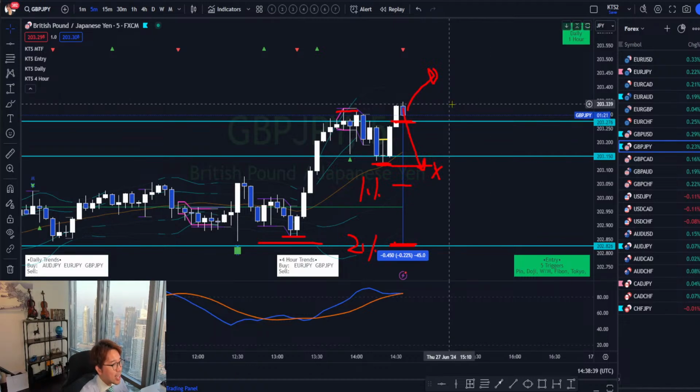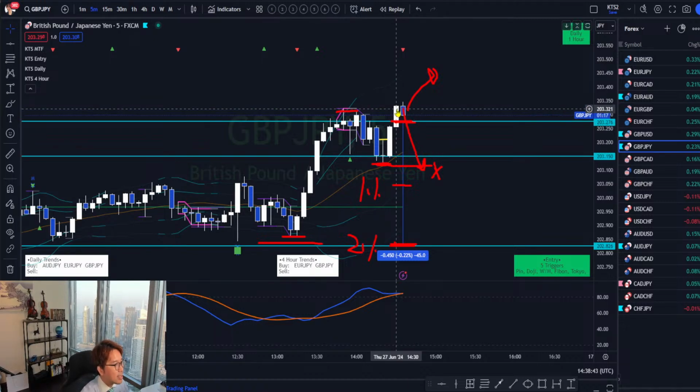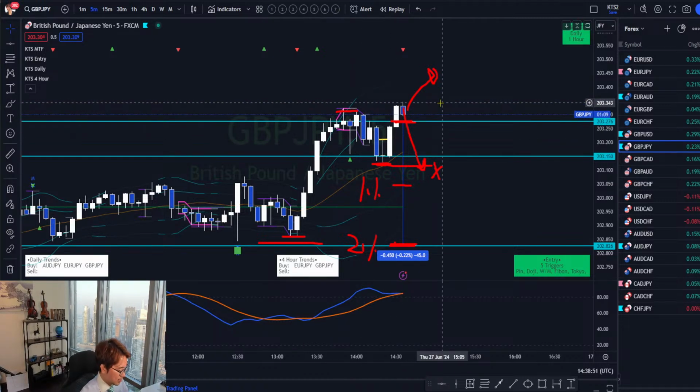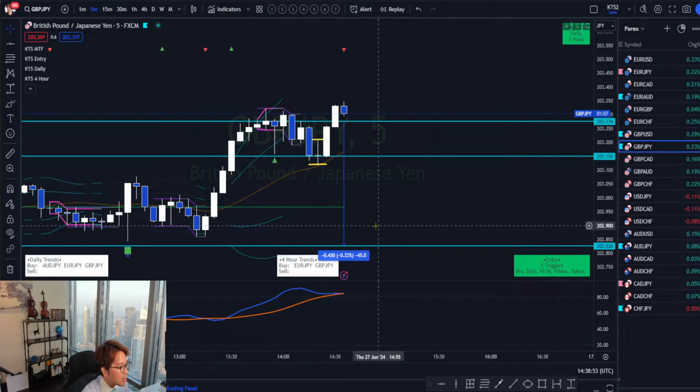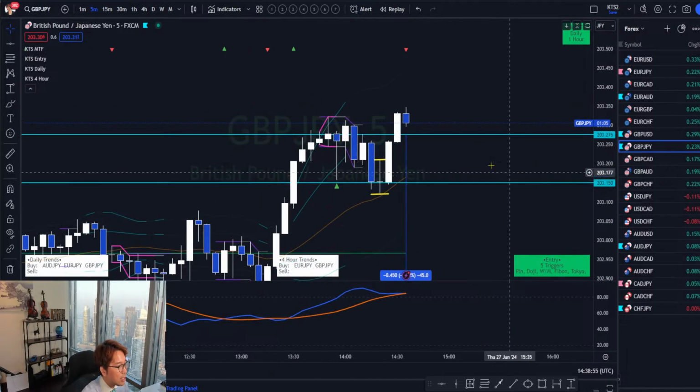Okay, the previous candlestick closed with a bullish bar, and it closed slightly above the 5-minute resistance, but we cannot really call it a breakout. Let's see.